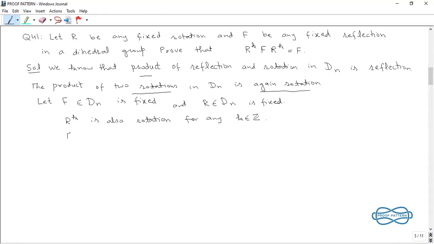Now we know that f is a reflection and this r^k is a rotation. So this means f r^k is a reflection.